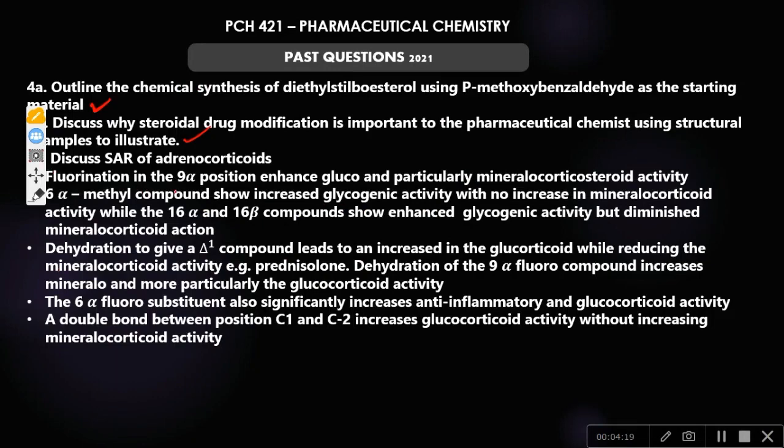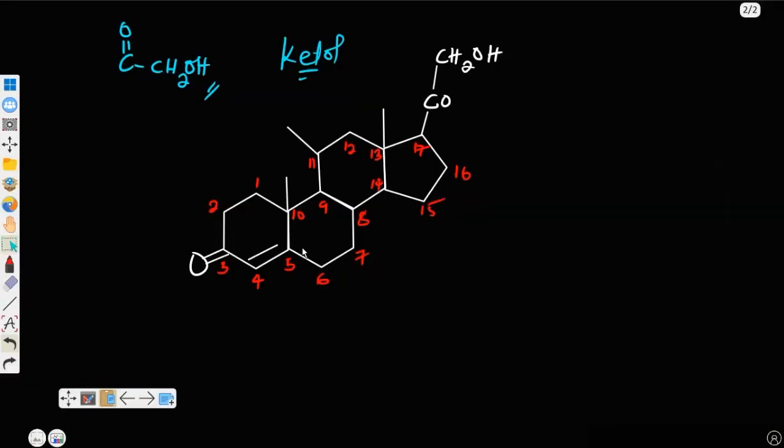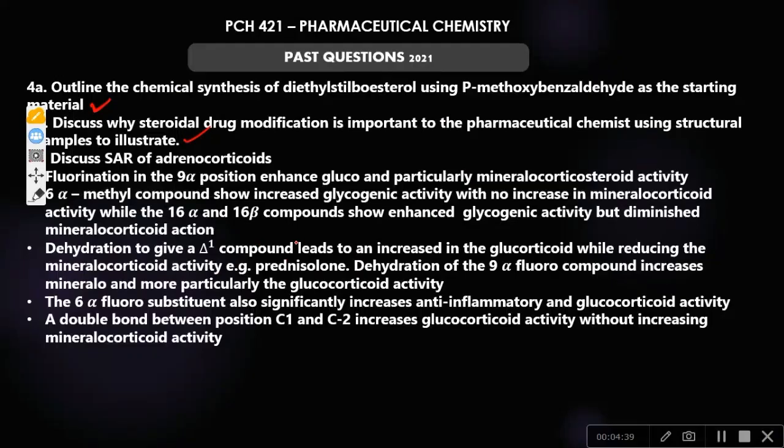Now, fluorination in the 9 alpha position enhances. There's also this position here. A substituent can also come here, like fluorine. If you add fluorine to this position, it enhances the glucocorticoid action, but most especially it enhances the mineralocorticoid action. Is that okay?